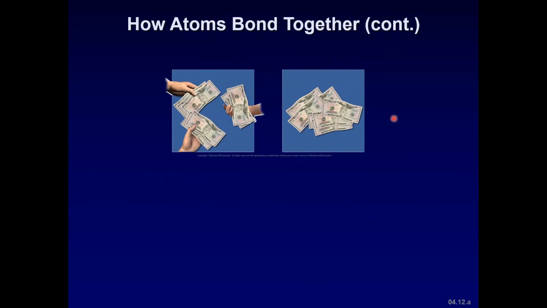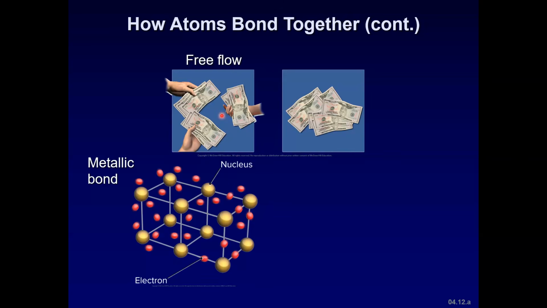Okay? Or we could have the free flow of electrons, like we've got all this cash being passed around in a metallic bond. Electrons are shared widely here. This money is shared widely. So the material is held together in a non-rigid way.